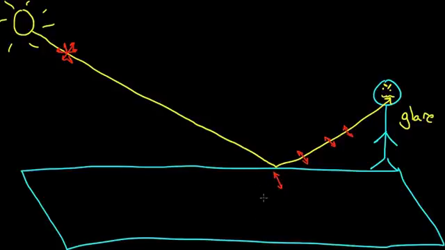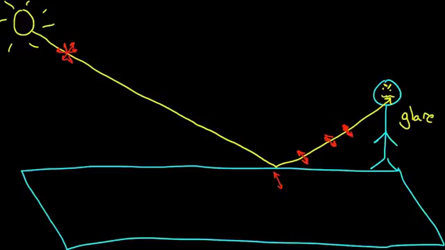Because the floor is horizontal, when this light ray hits the ground and reflects, that reflected light gets partially polarized. This horizontal component of the electric field is going to be more present than the other components. Maybe not completely. Sometimes it could be completely polarized, but often it's just partially polarized.